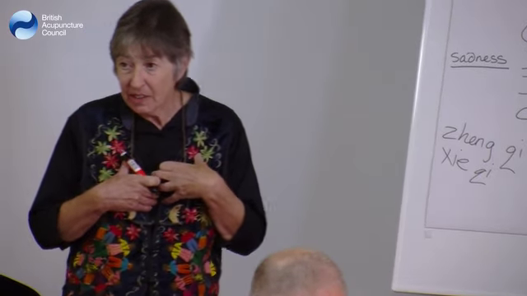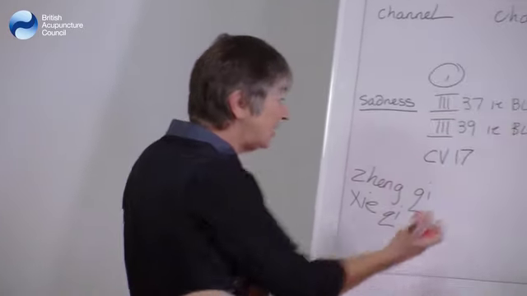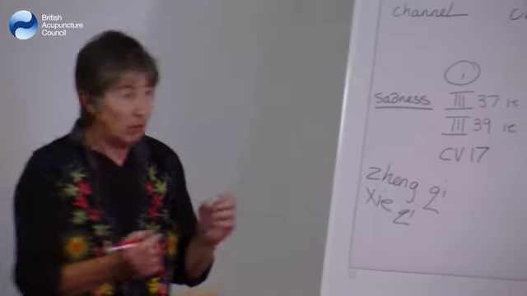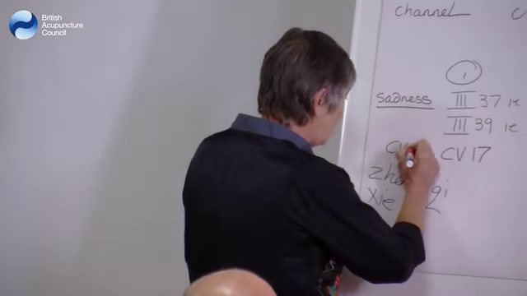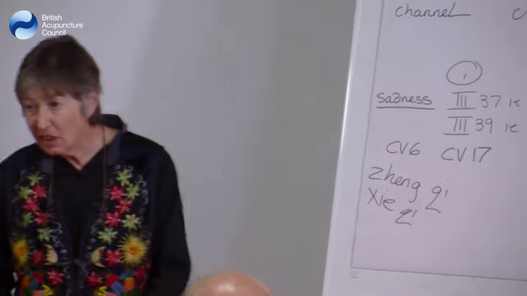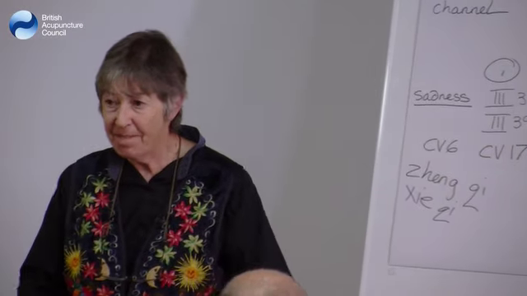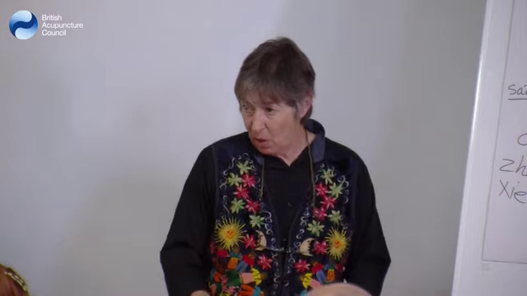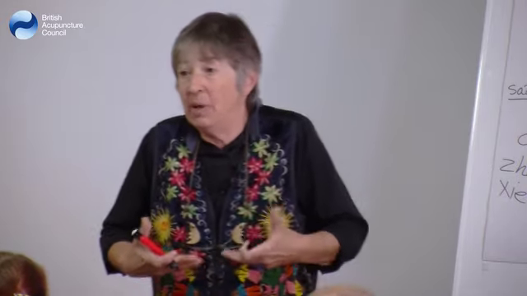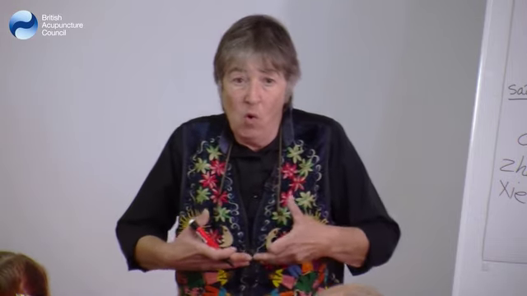So the suggestion would be, before Ren 17, for example, you would include Ren 6. Ren 6 lower sea of qi, followed by Ren 17 upper sea of qi, because the lower sea of qi basically means the sea of the essences, which then can provide energy upwards for the lung and the heart to work with.